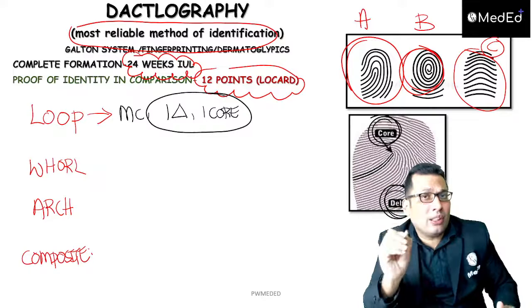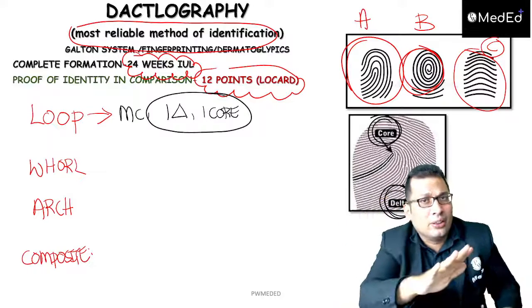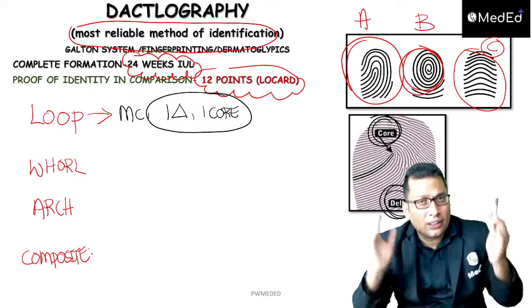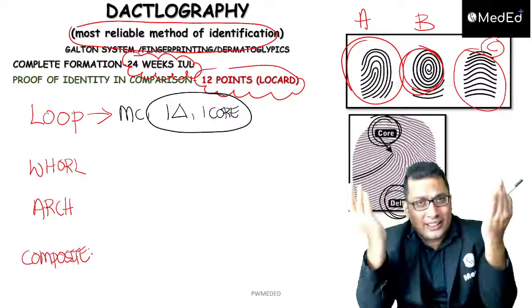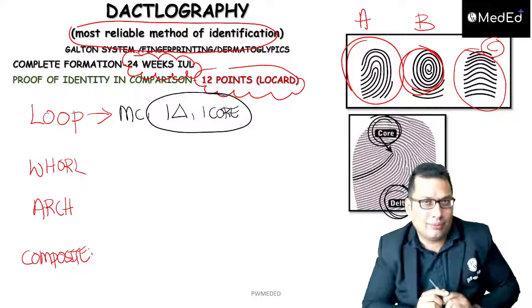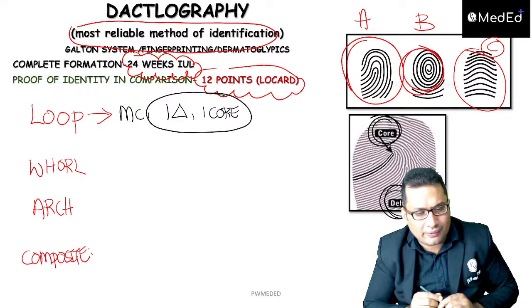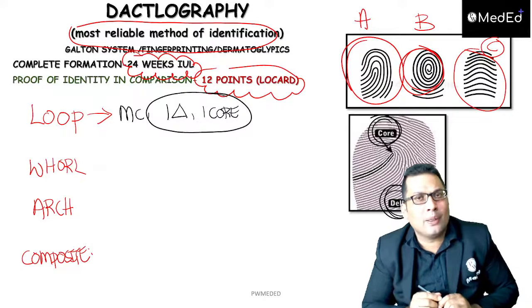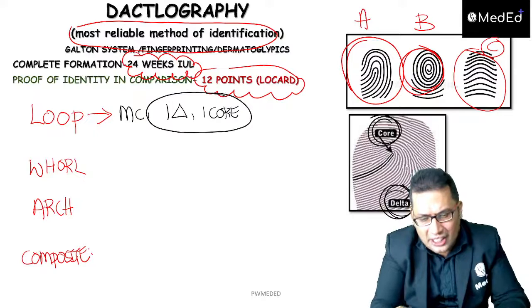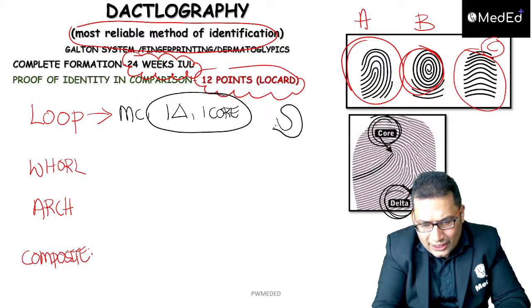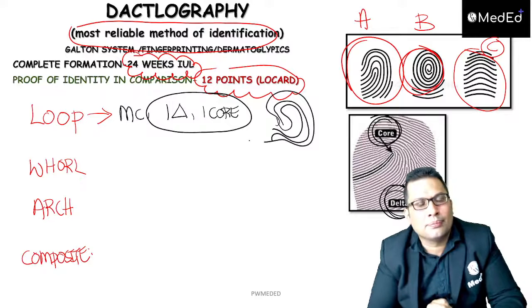What do you mean by core? Curving ridge. What do you mean by delta? Three-directional meeting point. Loop is the most common one. In simple words, loop is the one which has entry point and exit point on the same side, like this.